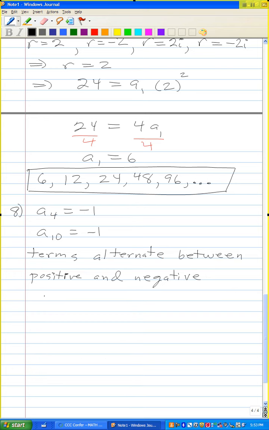This is actually called an alternating sequence.